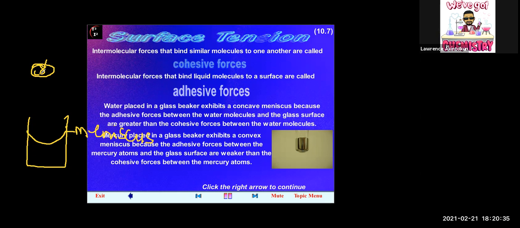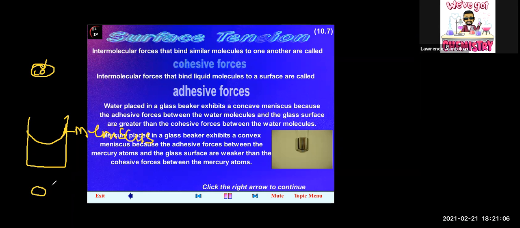So if the adhesive force is more than the cohesive force within the liquid, then the liquid will rise by the side. That is why you see the water rising up by the side, because there is an attraction between the two of them. But in the case of mercury, if you have the opportunity of seeing a drop of mercury on the table, it looks like a metallic ball, because the cohesive force is more than the adhesive force.